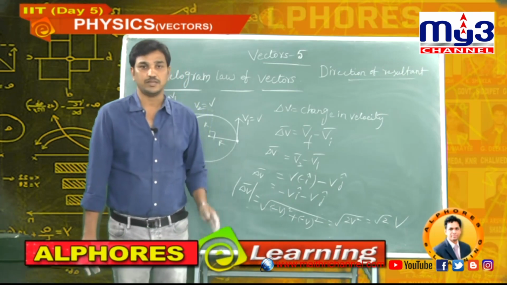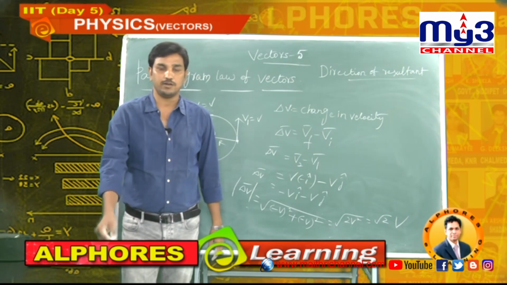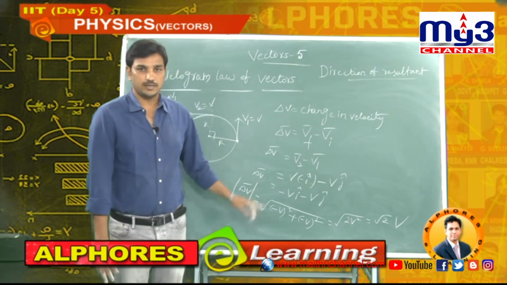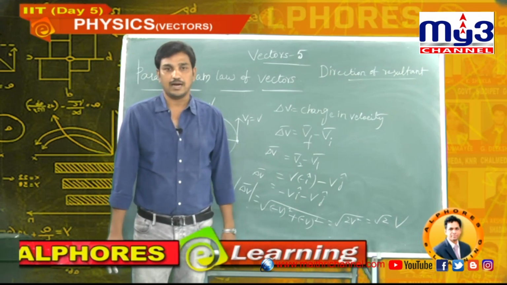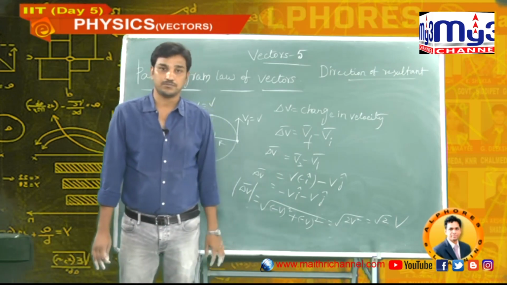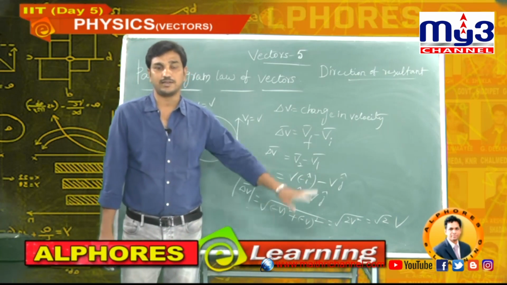You should have all these formulas at your fingertips. Then you can easily and comfortably solve problems. Depending on these two formulas, we went through different possible cases: theta 0, theta 180, theta 90, theta 120, different angles.